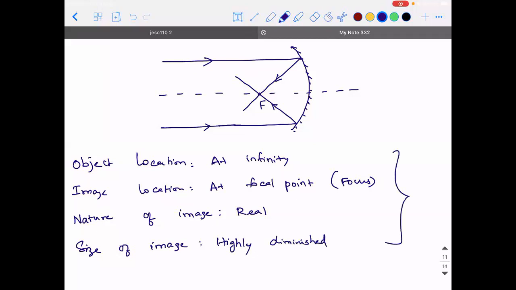Okay. So let me tell you the way the questions will be asked. If they tell you to find the location of the image when the object is placed at infinity, you can do it. But if the question is in the reverse way, the object is kept at such a location in front of a concave mirror where a highly diminished image is formed, what point would it be?